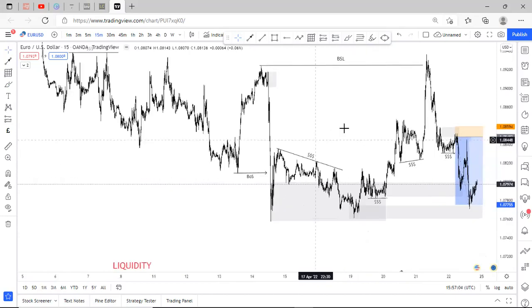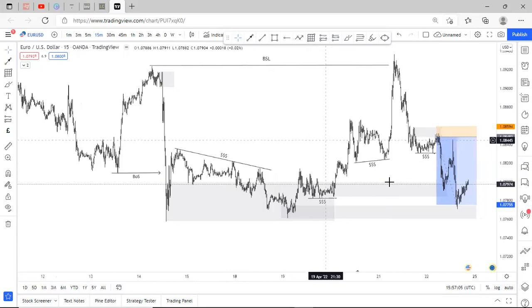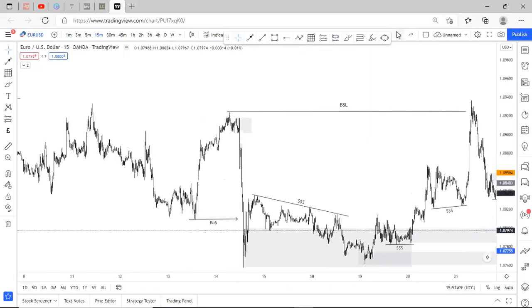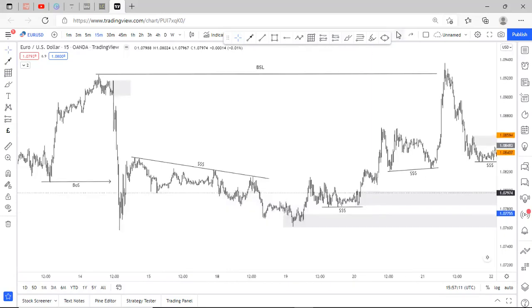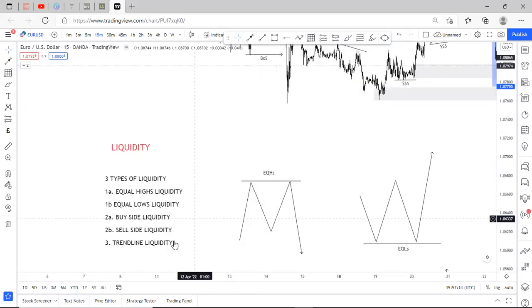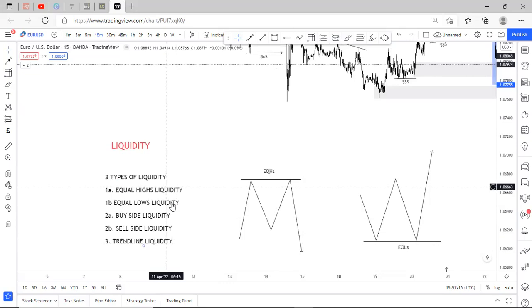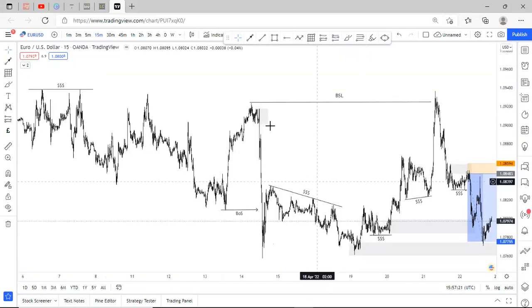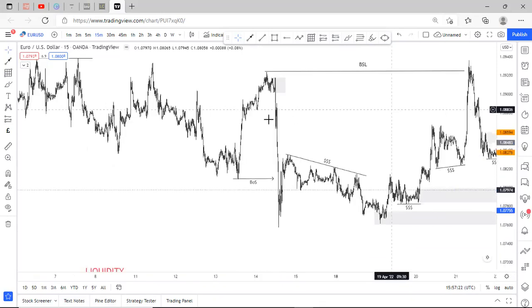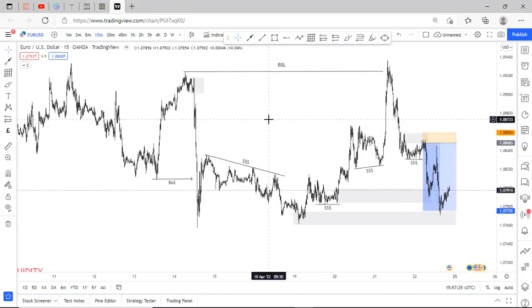Now, moving on. We've done examples on trend line liquidity, equal highs and equal lows. Now let's move to buy side liquidity. Both buy side liquidity and sell side liquidity are in a way that you cannot control.